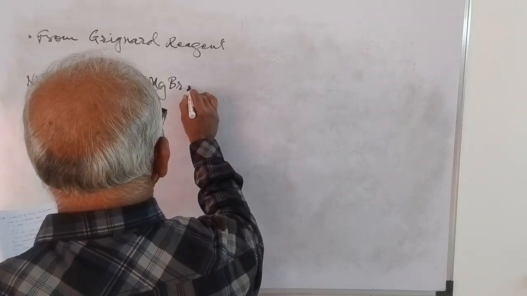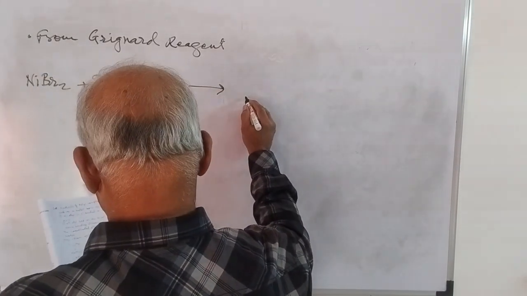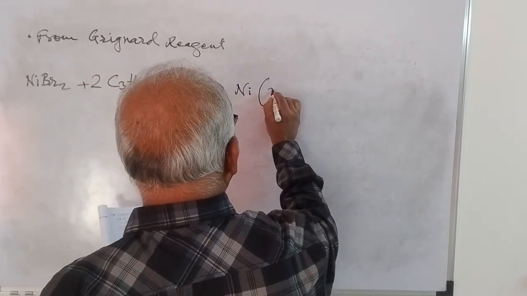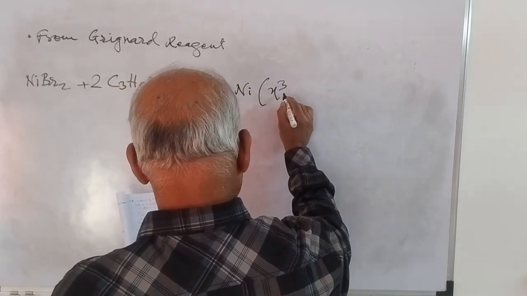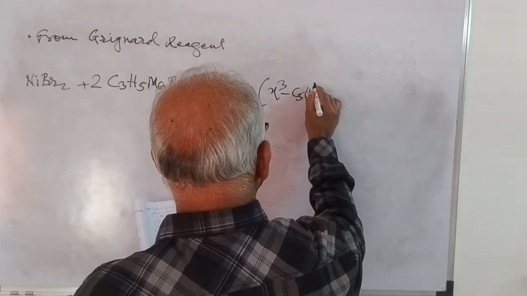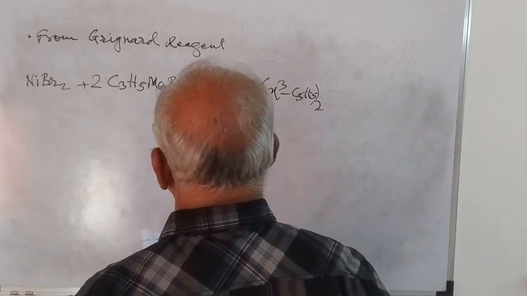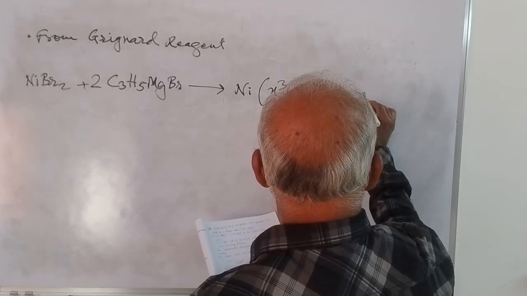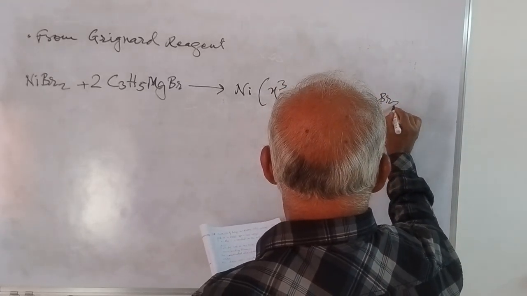It gives the complex Ni(eta 3-C3H5)2 plus 2 MgBr.